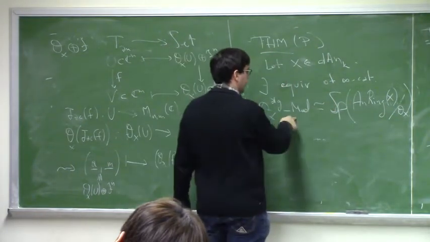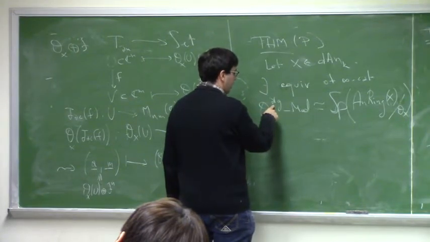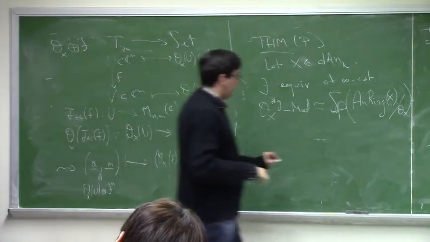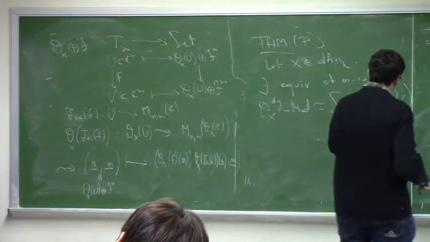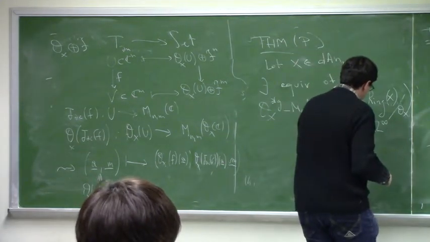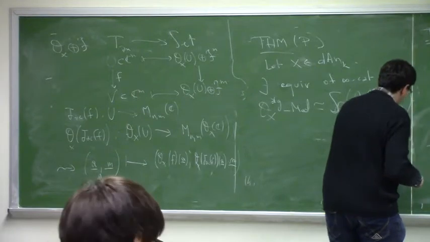But this theorem is saying that we can safely forget all the analytic structure to a purely algebraic one. And now here we have a forgetful functor from this category to analytic rings on X over OX.